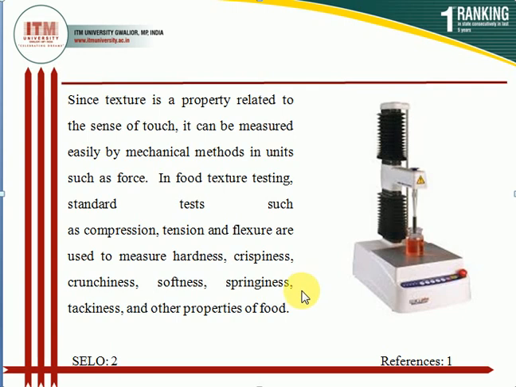This product's softness, hardness, sponginess, crispiness, crunchiness, stretchability, cohesiveness, and yes, viscosity, we can measure by this texture profile analyzer. We can easily measure the particular texture of the product with the use of the texture profile analyzer, TPA.